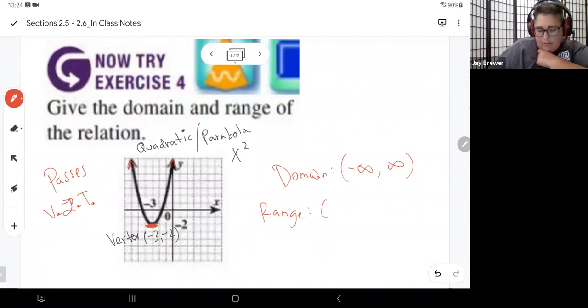No matter which way you look at this, it bounces. So you can't have a range less than -2. So it includes -2, but it does not go below -2. So then we say that it's from -2 to positive infinity.